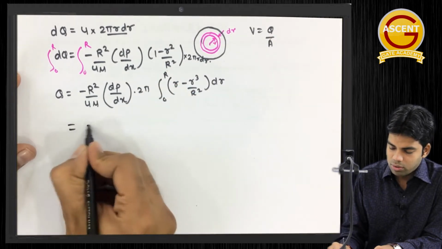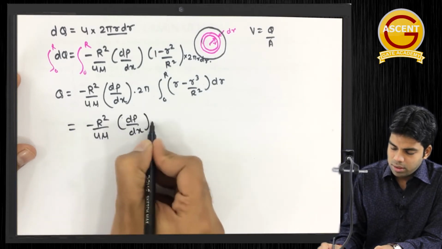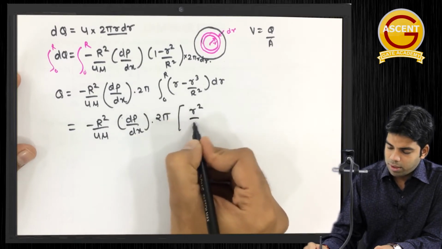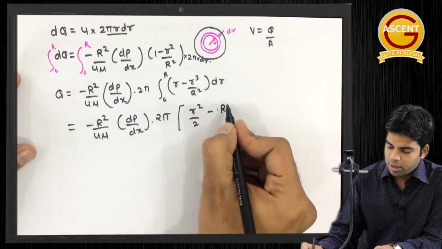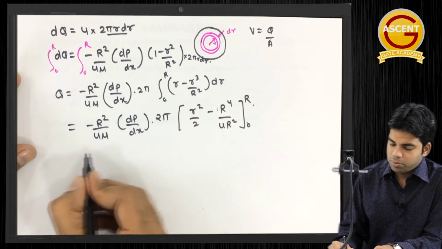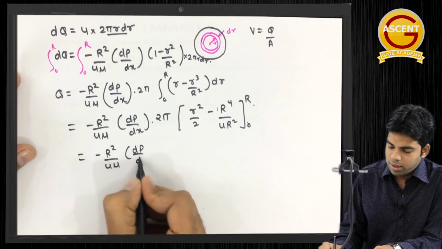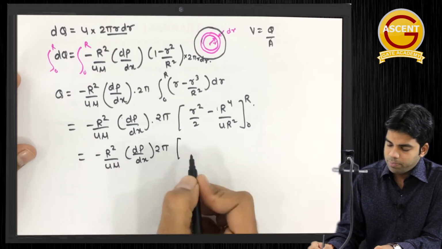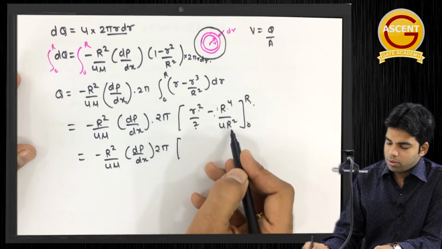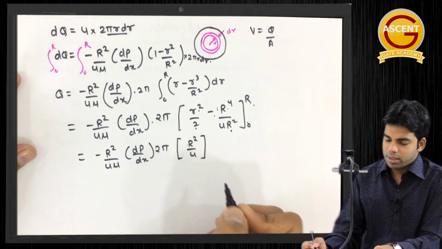Just integrate this. This will be minus R square by 4 mu dp by dx into 2 pi. The integration of r will be r square by 2 minus the integration of r cube, which will be r raised to the power 4 by 4 into R square, from 0 to R. Just put the limits, so we will get minus R square by 4 mu dp by dx into 2 pi, into R square by 2 minus R square by 4.